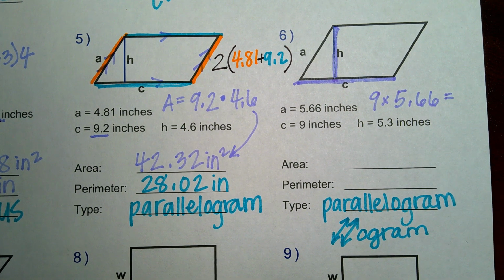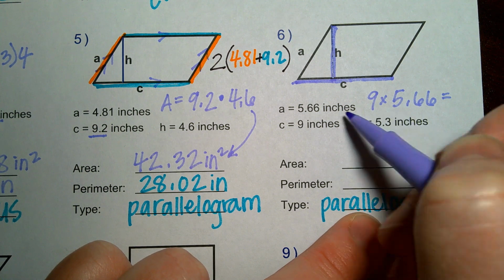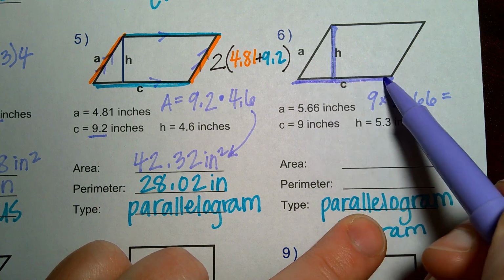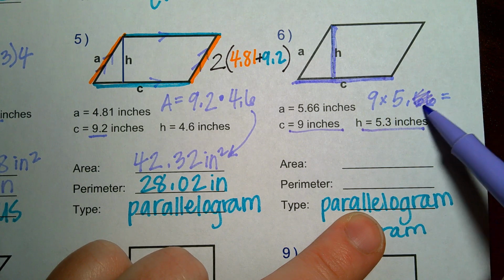50.94. Okay, let me double check because my answer sheet says something different. I got 47.7. Okay, that's what I think I got too. Let me double check. What did I do? So 9. Oh, I wrote 5.66. That's CH.